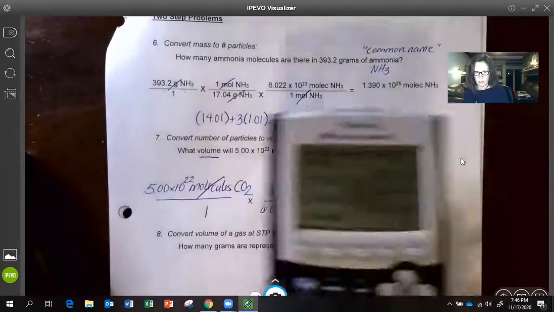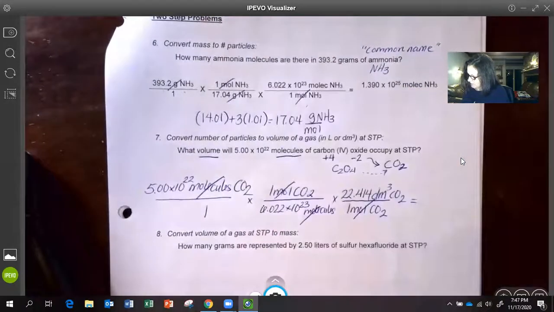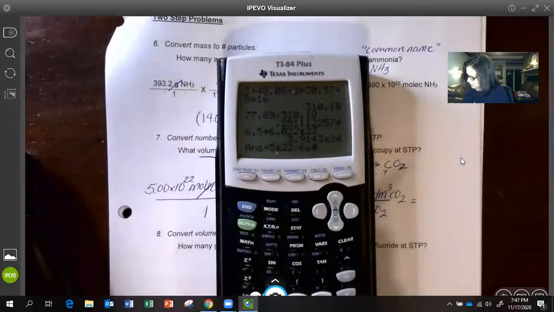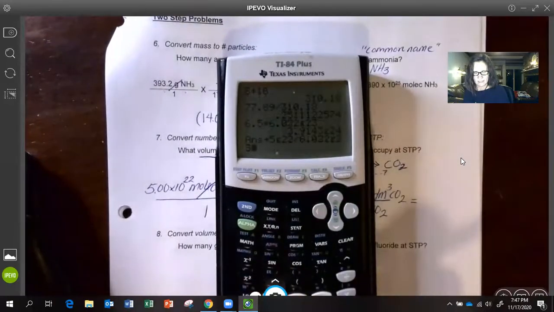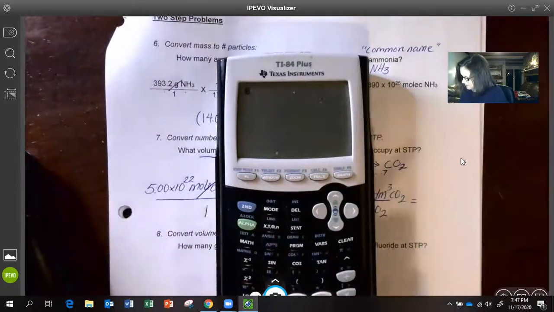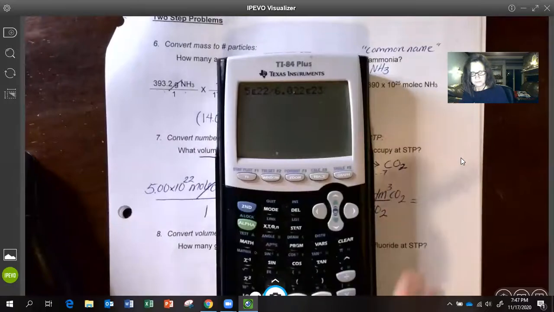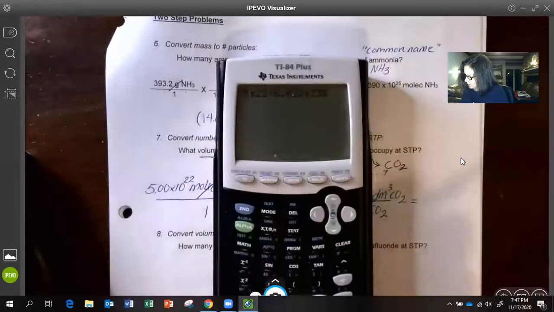and we'll go ahead and do this math problem together. Oh, actually, I brought my answer down from before, so let me start over. 5 times 10 to the 22 divided by 6.022 times 10 to the 23 times 22.414.